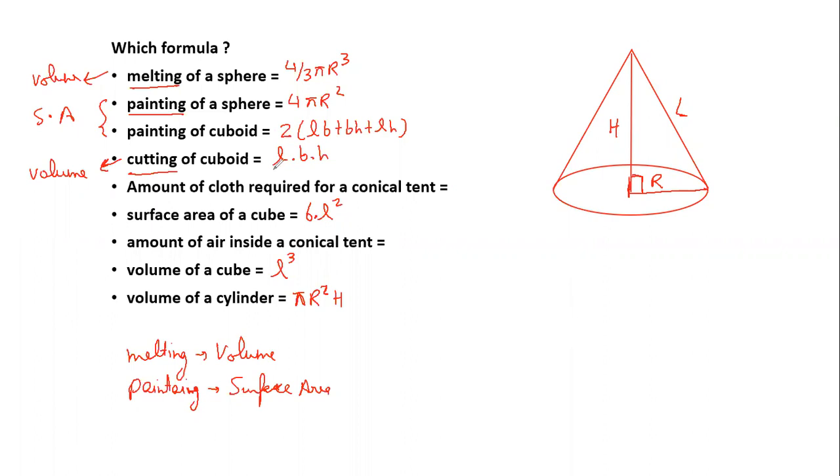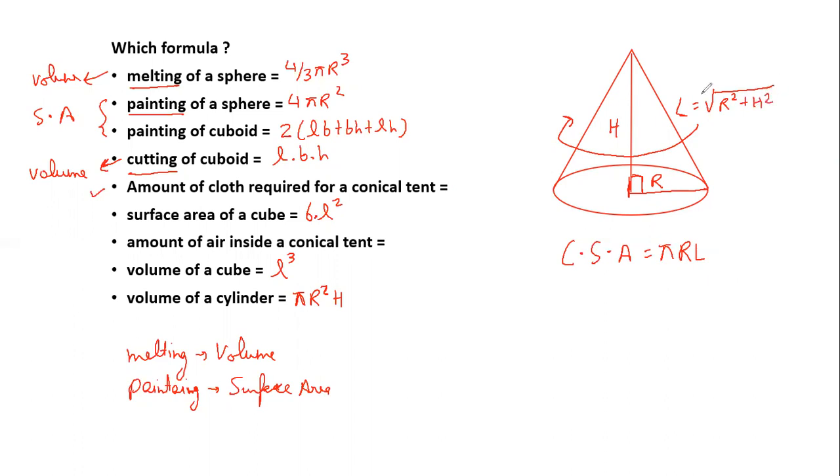Now when I say amount of cloth required for a conical tent, we are concerned with the amount of cloth that goes in making this tent. That means the curved surface area, only the curved part. So the amount of cloth required for a conical tent is the curved surface area of the cone, which is given by pi into r into L, where L is the slant height, which is given by the Pythagoras theorem, under root r square plus h square.